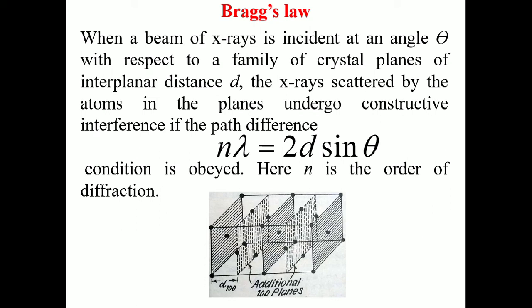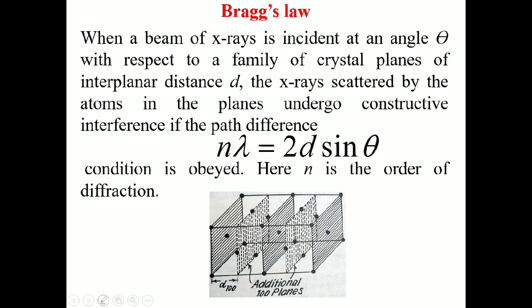X-rays are basically very short wavelength radiations. The wavelength may be of the order of 1 angstrom or 0.1 angstrom. That much short wavelength is there. If the wavelength is very short, it is impossible to use the obstacles which we observe. We can say that they are the observable objects.